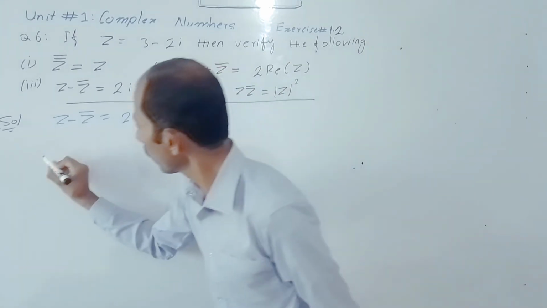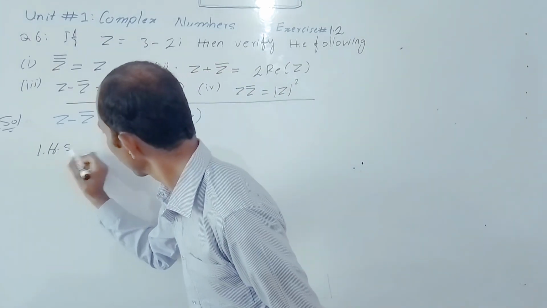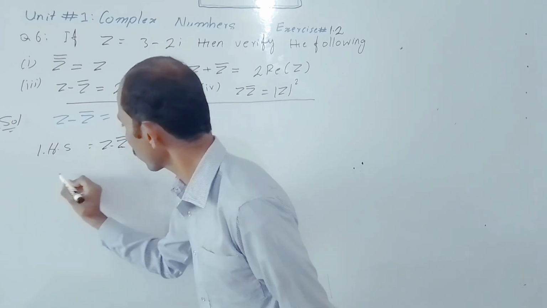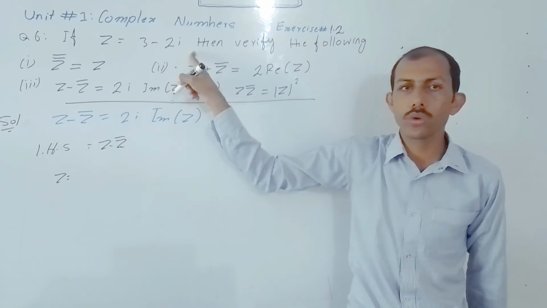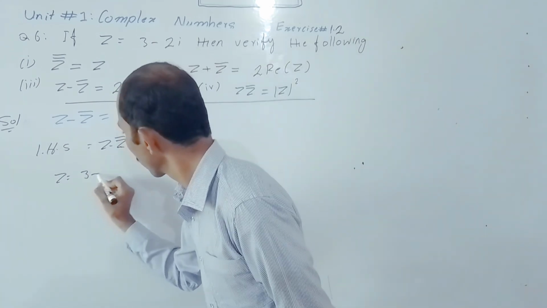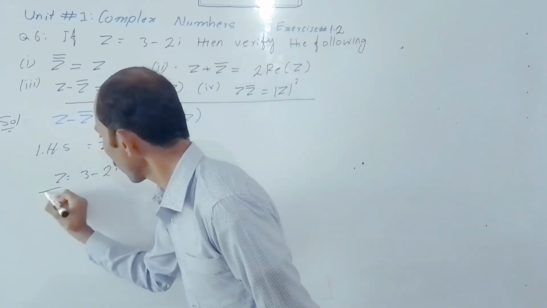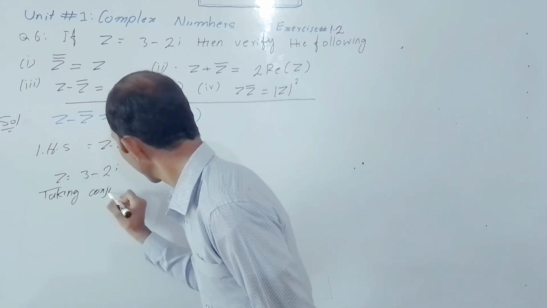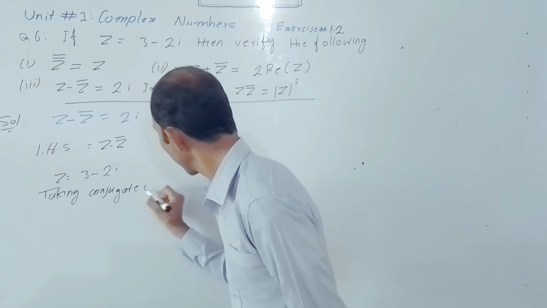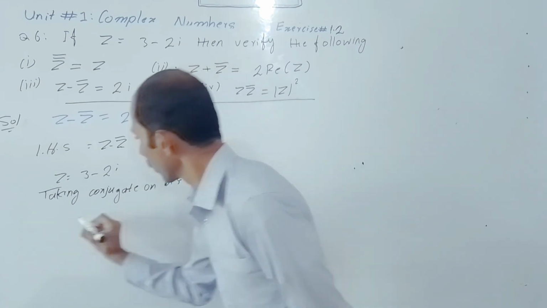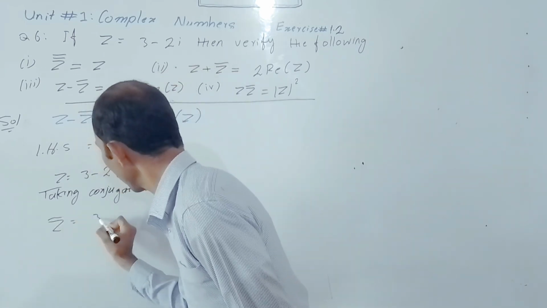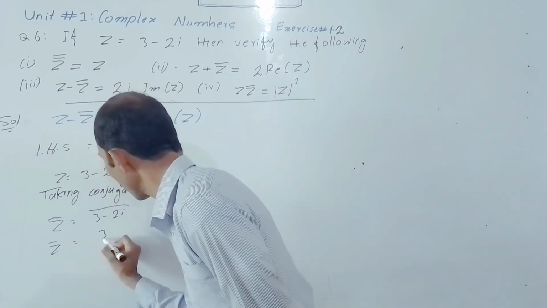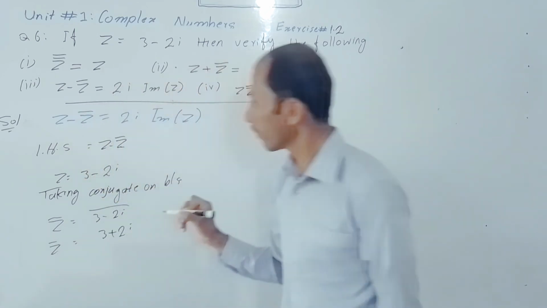Taking the left hand side, z minus z conjugate. So z is equal to 3 minus 2i. Taking conjugate on both sides, so z conjugate is equal to the conjugate of 3 minus 2i. Z conjugate is equal to 3 plus 2i.